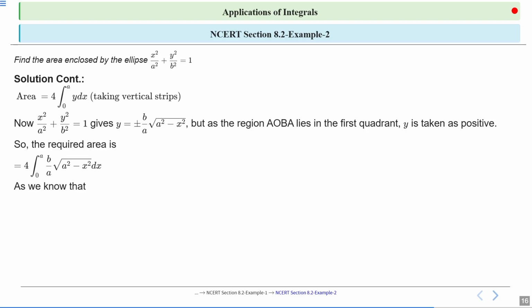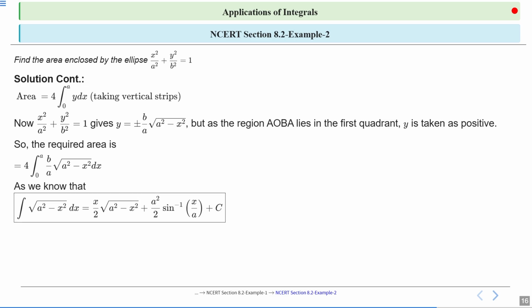When we integrate 0 to a of b by a root under a square minus x square dx, we get the area of that region in the first quadrant. And due to symmetry, when we multiply it by 4, we get the area enclosed by the ellipse x square by a square plus y square by b square equal to 1.